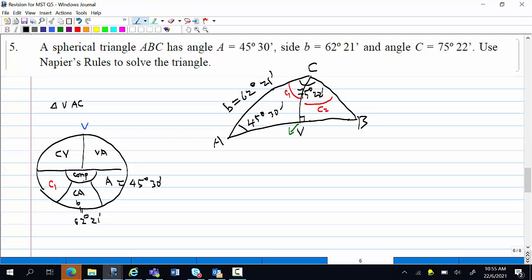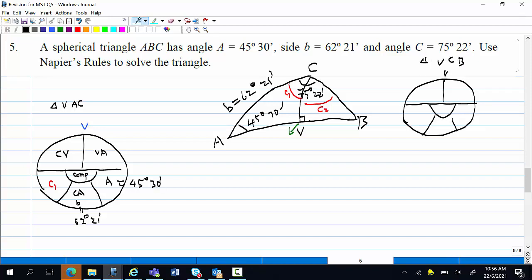And then there's Napier's view from the right hand side, with V at the center. So this is triangle VCB here.